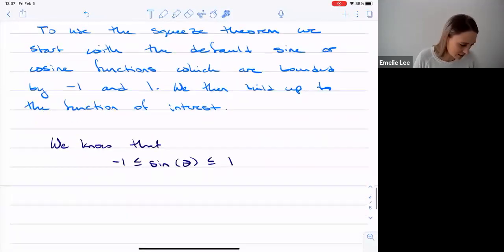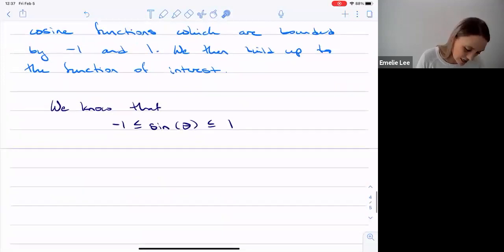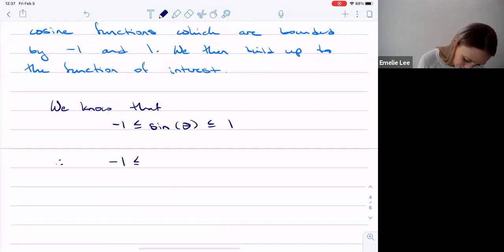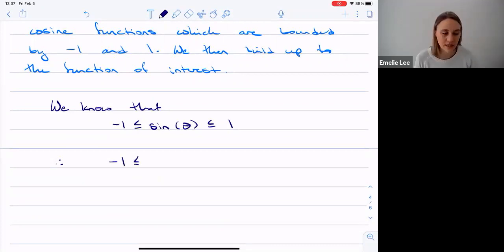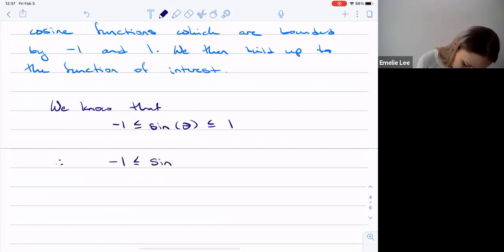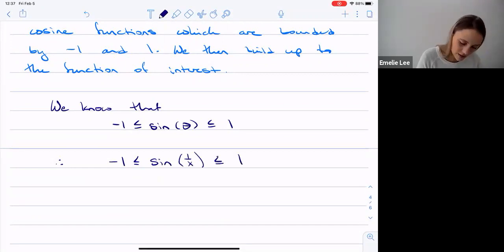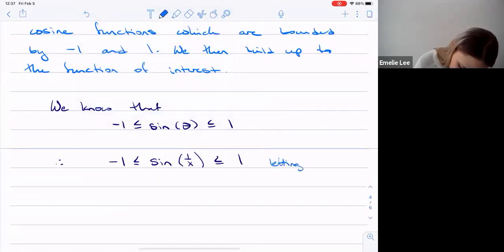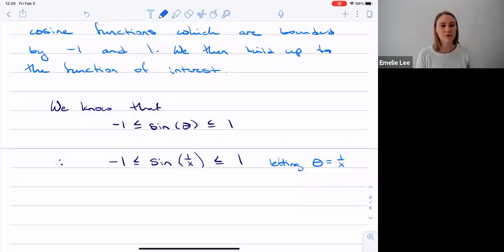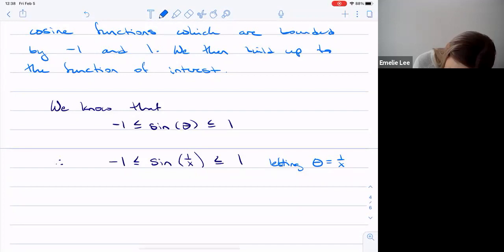I haven't changed my bounds yet: -1 is less than or equal to sine of 1/x, which is less than or equal to 1. Letting theta equal 1/x. All right, I'll do a little play-by-play on the side here.